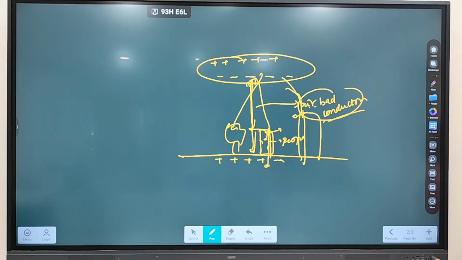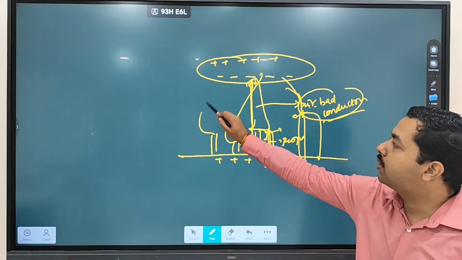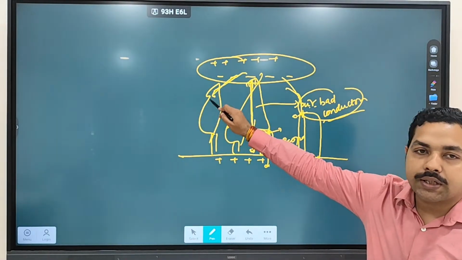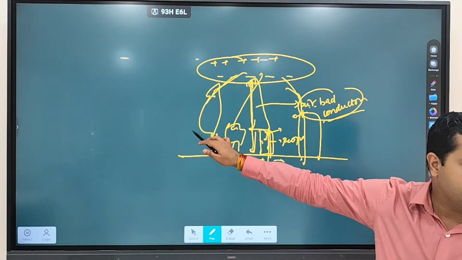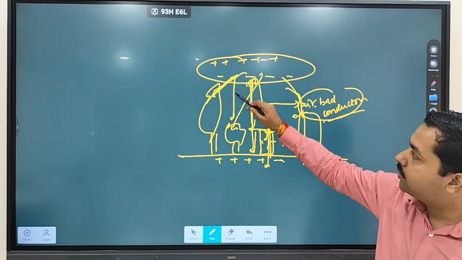So that's why it is advisable, when you are in lightning areas and other areas, to take shelter in a lower tree, not a higher tree, because higher trees are going to be struck. If there are higher trees and lower trees, the lightning will strike the higher trees because they will find a least resistance path quickly, as compared to traveling through the bad conductor.